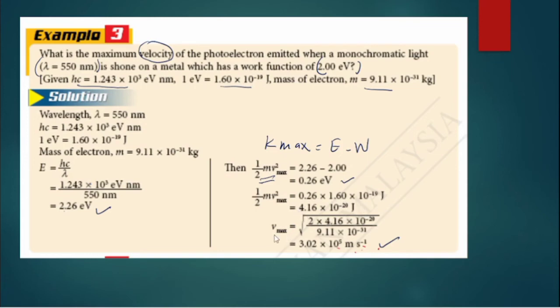Now we calculate the maximum velocity, which equals the square root of 2 times E divided by m, where m is the mass of 1 electron. So we get 3.02 times 10 to the power 5 meter per second.